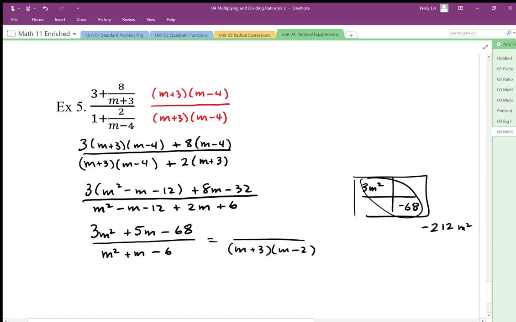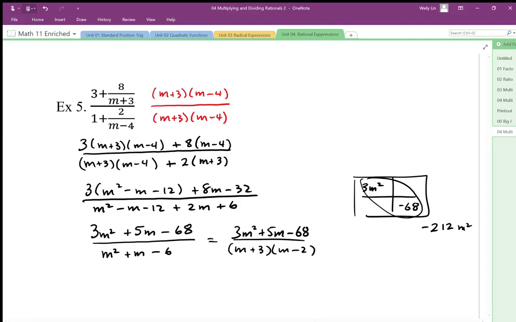So this is prime, so we're just going to leave that as 3m squared plus 5m minus 68. Okay, so just bear in mind that this particular quadratic is not something that is easily factorable, so this would be more of a challenge type problem, but you should know some strategies to be able to factor quadratics with leading coefficients of 3.